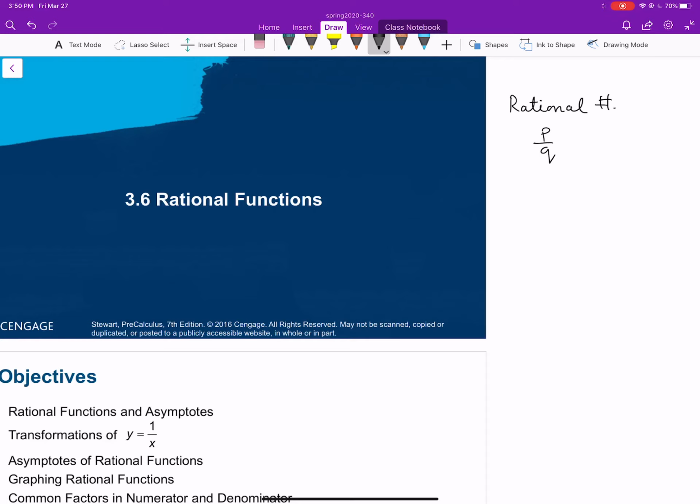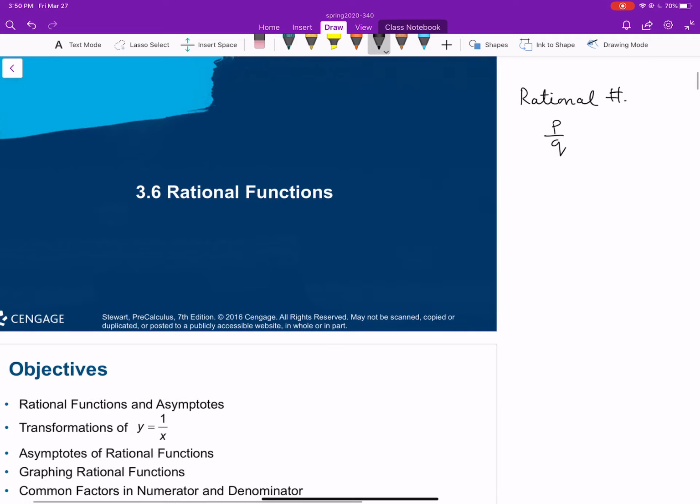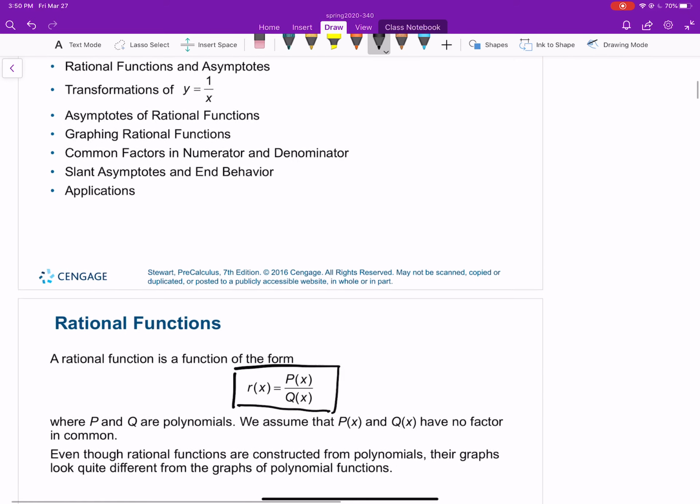So what can we say about rational functions? It looks like a rational function is a fractional function. Let's look at the definition from the textbook.